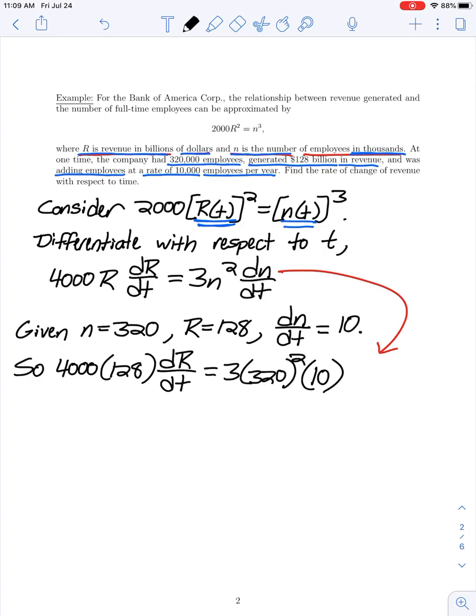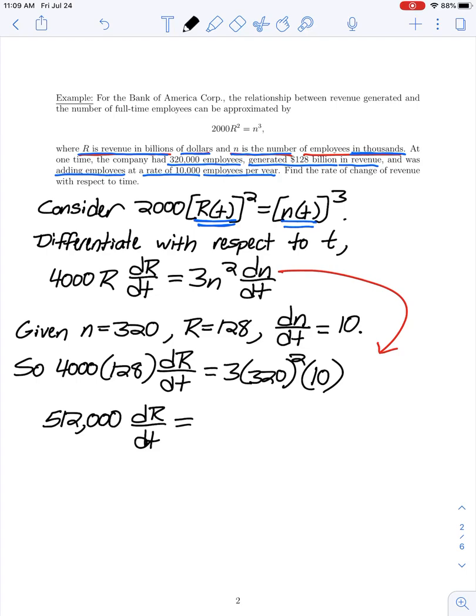So let's see what we have here. On our left-hand side we're going to get 4,000 times 128. Using a calculator, we can see this gives us 512,000 dr/dt.